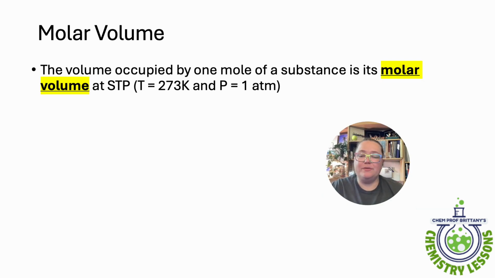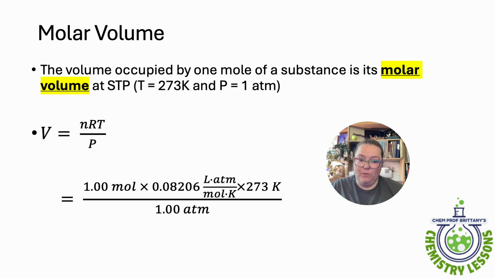Now, the molar volume is also something that you need to be familiar with. It is the volume occupied by 1 mole of a substance at standard temperature and pressure. So again, 273 Kelvin, 1 atmosphere. We can solve for that by plugging in 1 mole, 1 atmosphere, 273 Kelvin, and then the appropriate gas constant value.